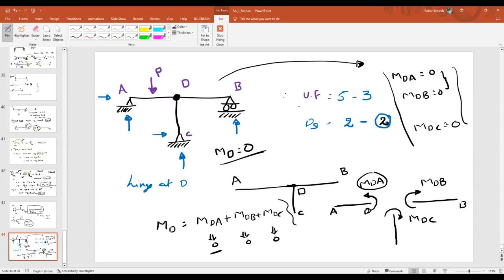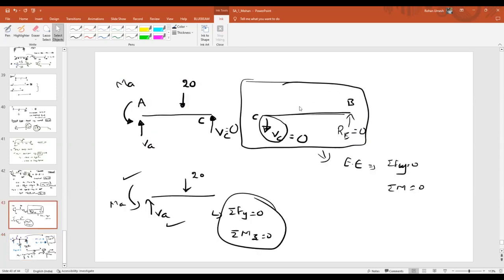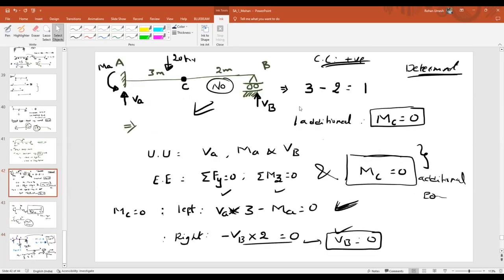Just like we discussed previously, are we considering horizontal reactions, or are we considering summation of x equal to 0? No, sir. Why? Because even if you don't consider it, it will be 0.